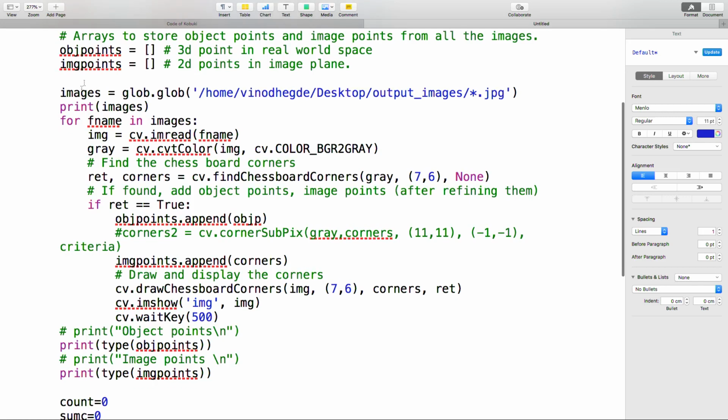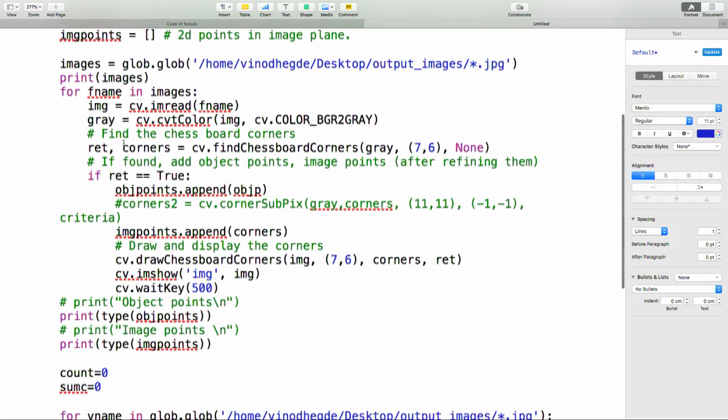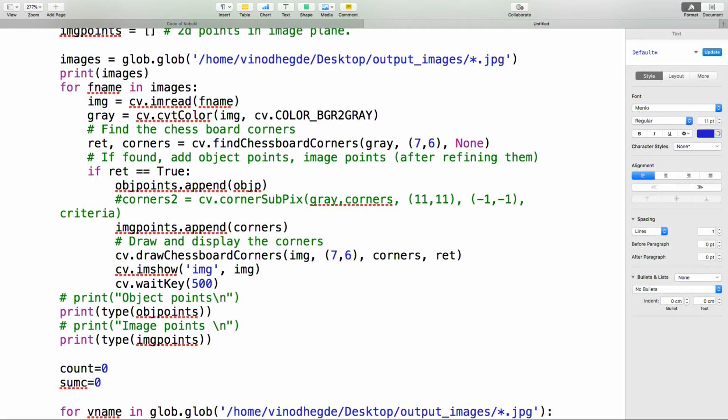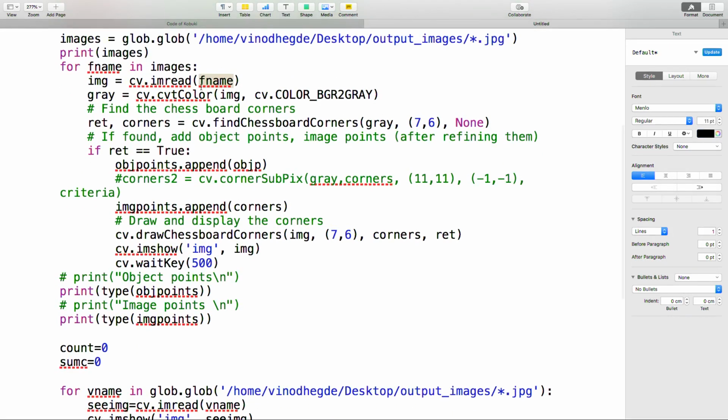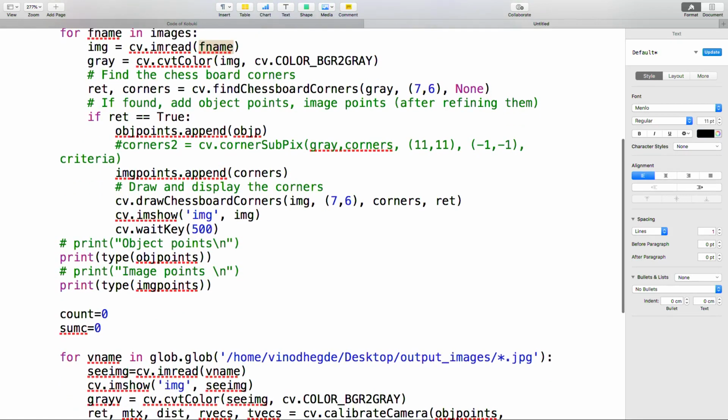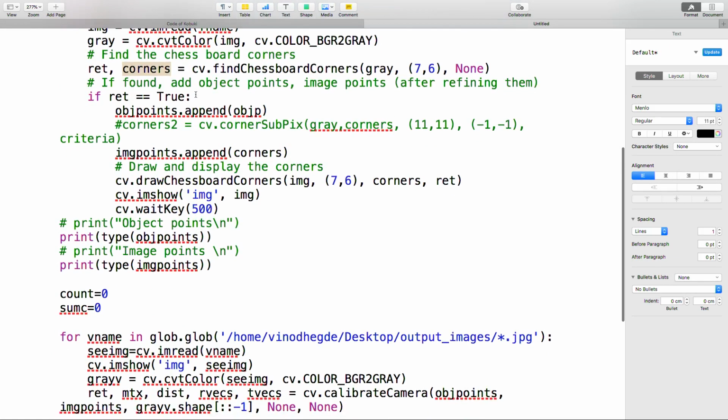This part of the routine, where you can see the mouse pointer, is essentially reading one image after the other. It has to read all these images, take each image at a time, and call this function called cv find chessboard corners, which estimates all the corners for each of the images.